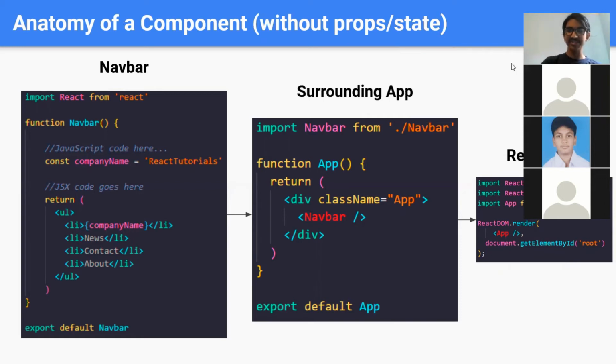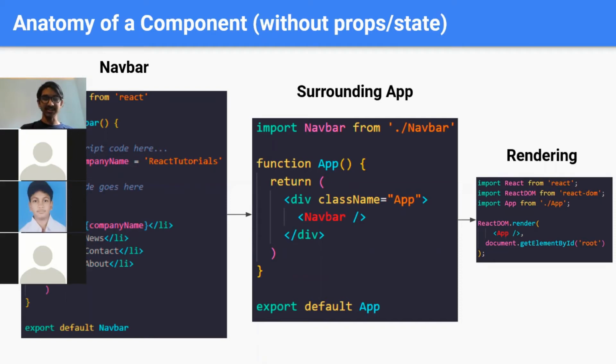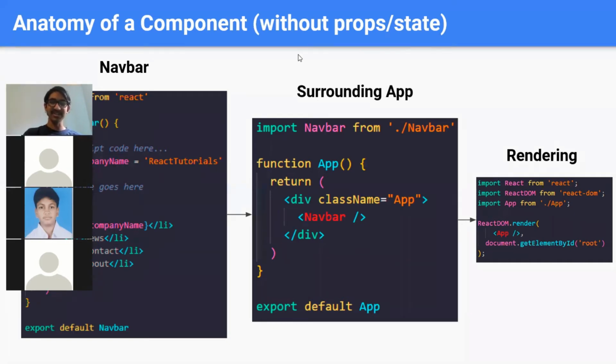And then the last thing that we need to do here is actually render it all on the screen. Obviously, this is a crash course too, so you might not understand all of the code and how it works now, but this is just a brief primer into how it all works. Basically, you use something called ReactDOM.render, and then you put the app component, similarly to how the nav bar was in the app component. The app component is in this rendering part. So you say app right here, and actually, I don't know if there's a way for me to point to it, but you have the app here, and then you say document.getElementById by ID root.